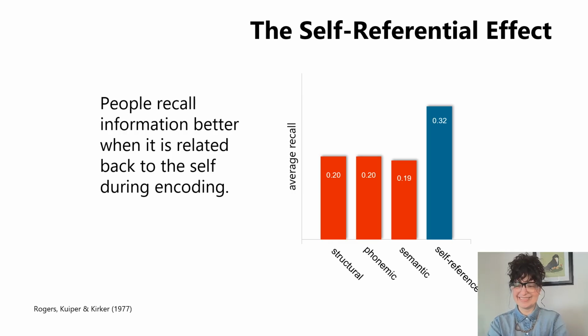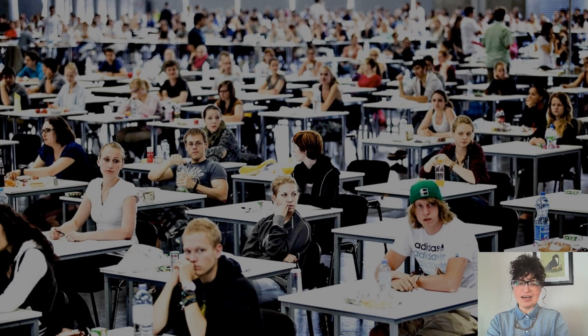This one is huge if you're in a different class because it turns out that performance on a memory test can really be enhanced by being tested on the material to be remembered.